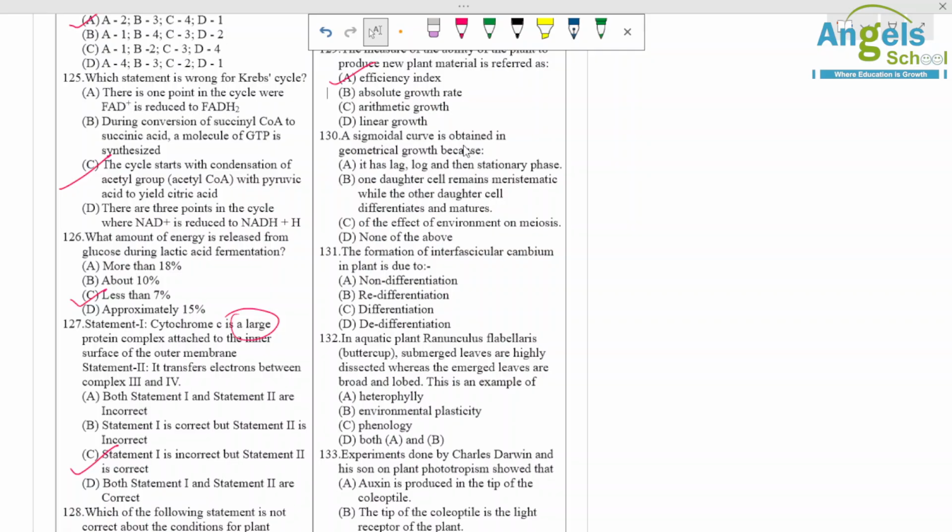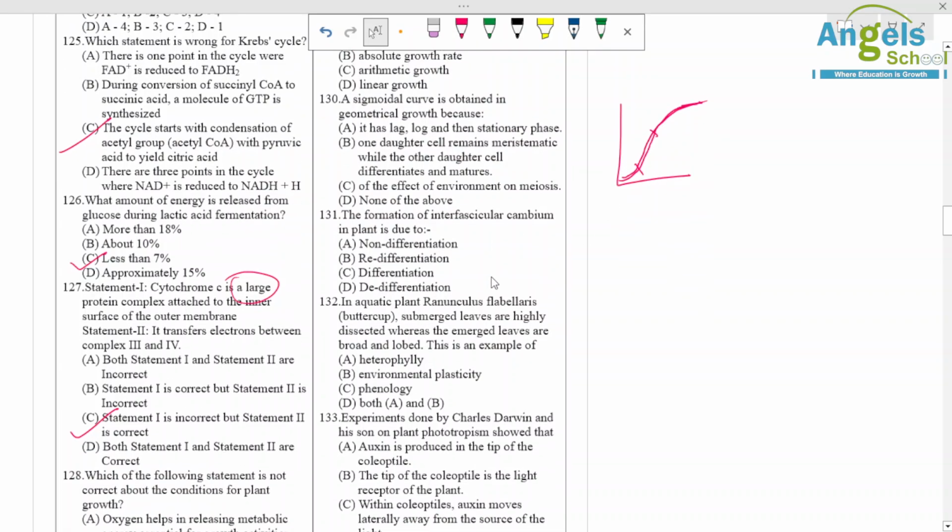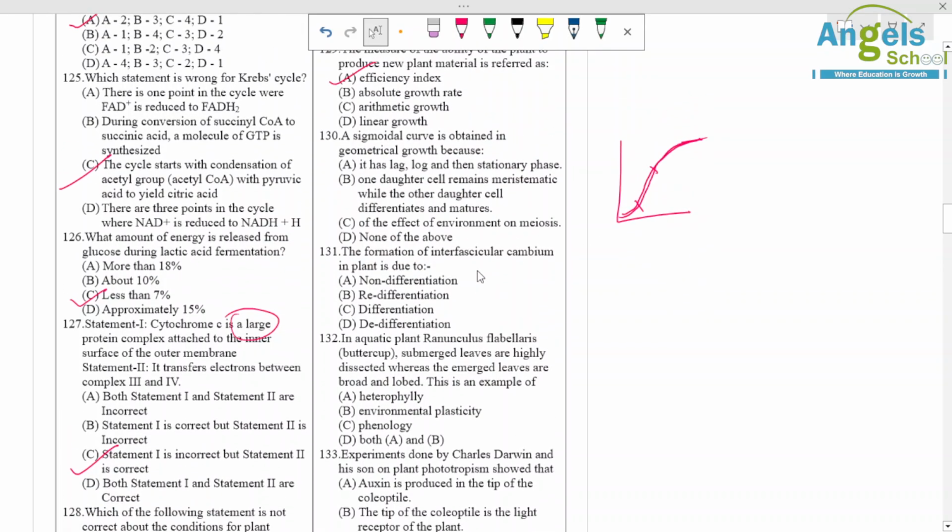So if we want a sigmoidal curve, then it must have a lag phase, then log phase, and then a stationary phase. Okay, then only we get a sigmoidal curve. Clear? In this case, answer 1 is right.